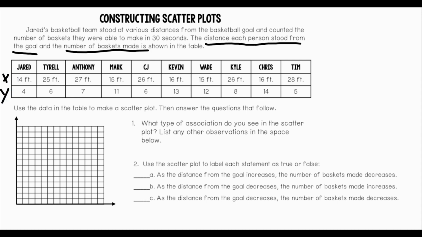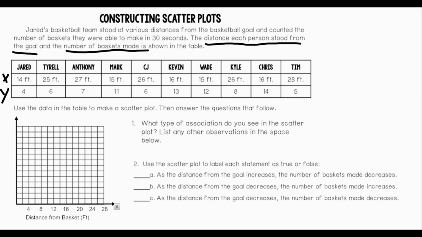So in our scatter plot, I'm going to label the x-axis with distance. Now, because my coordinate plane doesn't have enough coordinates, I'm going to count each box by 2's. So notice I labeled every other box, because I'm skipping a box just so I have room.